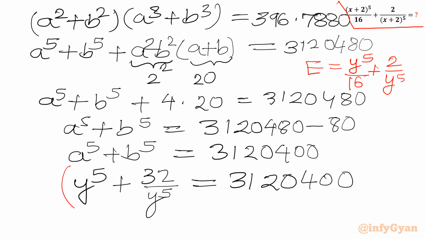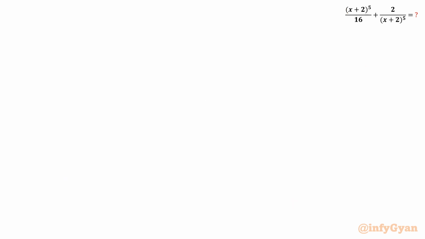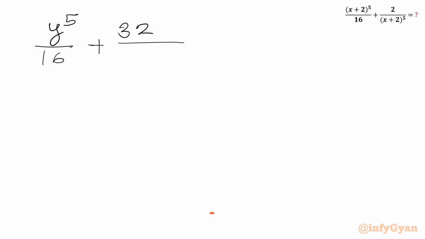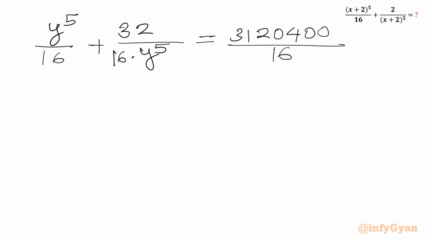I will divide both sides by 16. This side also with 16. Now this will match our required expression. I will write y power 5 over 16 plus 32 over y power 5 times 16 equal to 3120400 over 16.